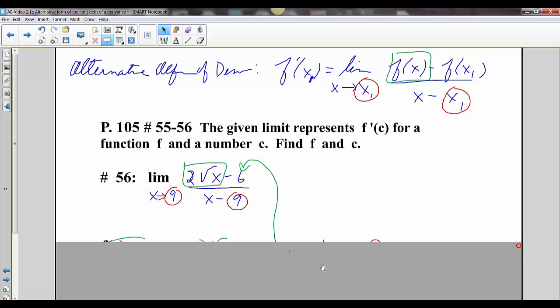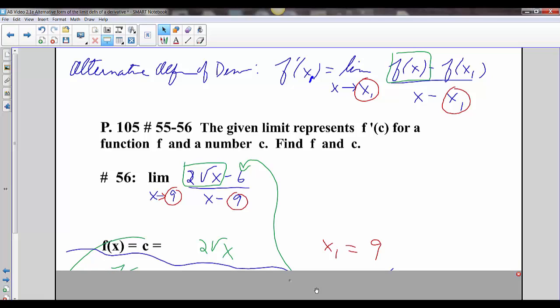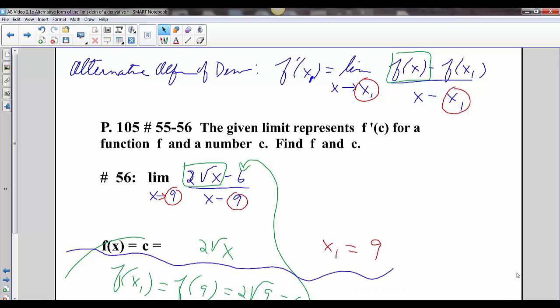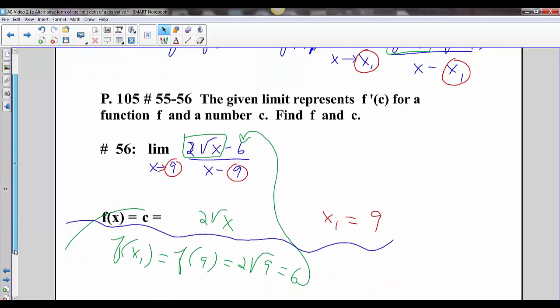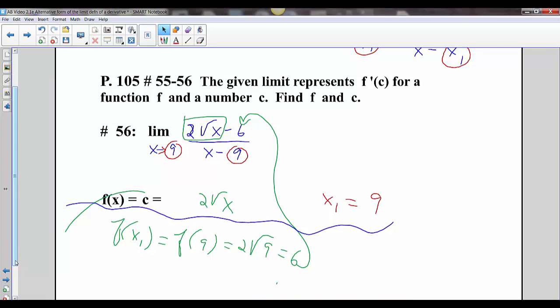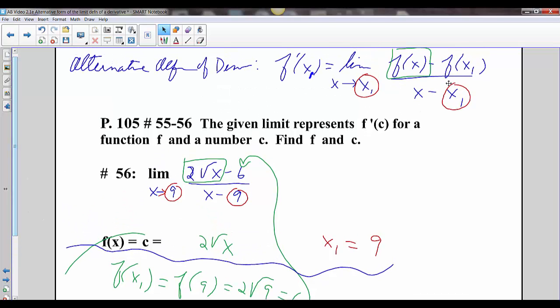And that's all they want you to do, is identify that the function is 2 root x and that the value of c is actually 9. Then you can just check it out, and sure enough, the 6 is f of 9, just like it's supposed to be according to the formula. Over here, this is supposed to be f of x1.